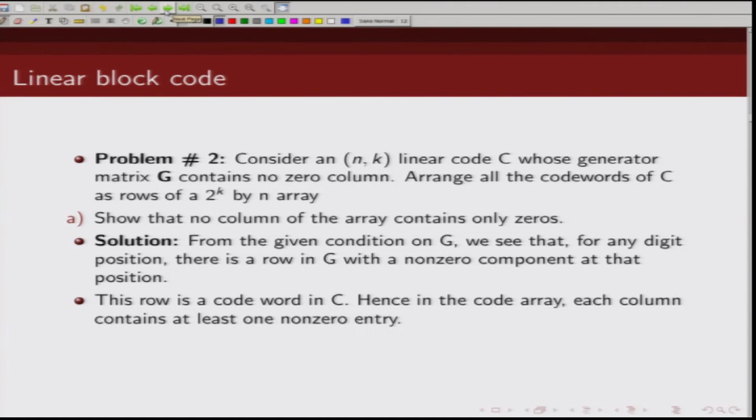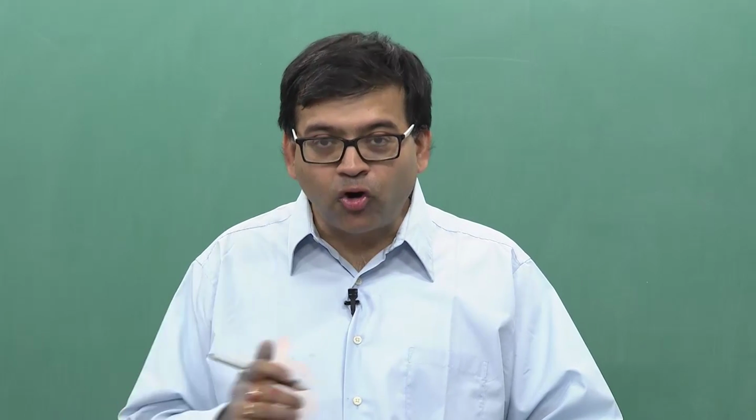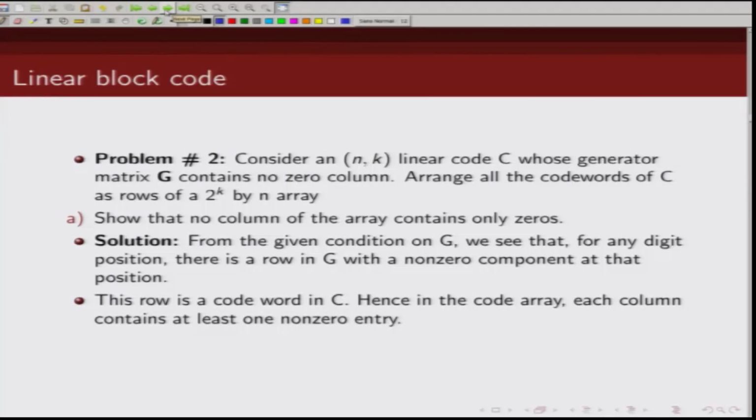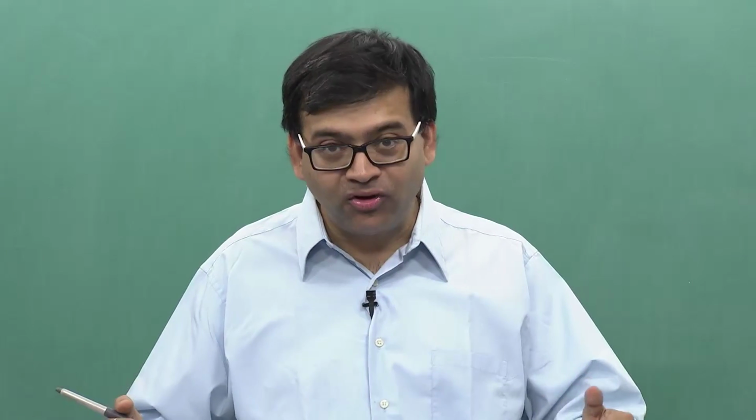And if this is true, how do we generate the code words? We generate the code words by linear combination of the rows of this generator matrix. And since the generator matrix does not contain any 0 column, each of these rows can be looked upon as a code word in C. So, when we generate the code words using this generator matrix in this code array, each column will have at least one non-zero entry.